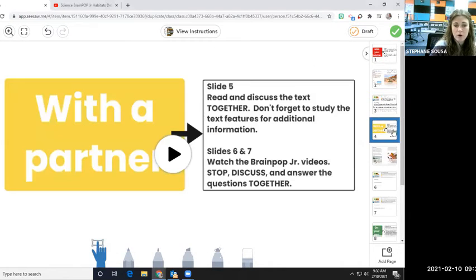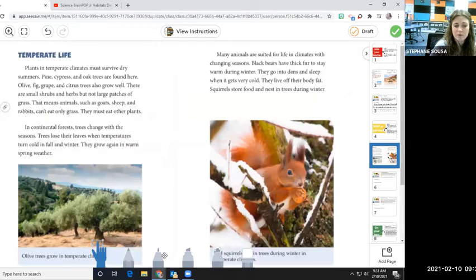So slide 4 says, with a partner, read and discuss the text. Notice that word, together. Don't forget to study the text features for additional information. On slides 6 and 7, you're going to watch the Brain Pop Junior videos, stop and discuss and answer the questions together, okay?